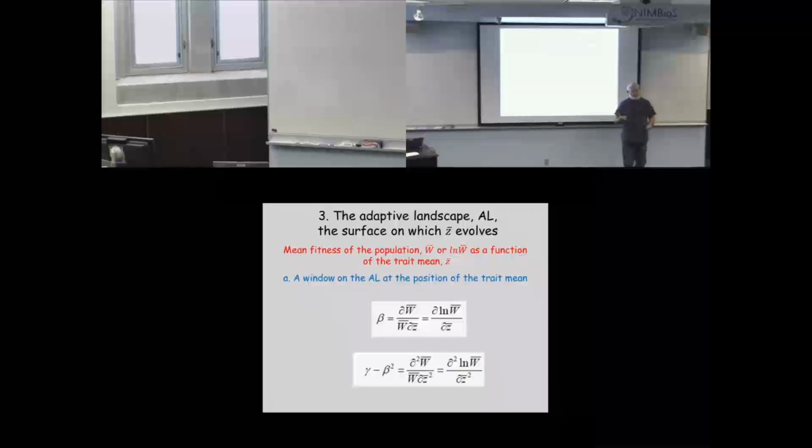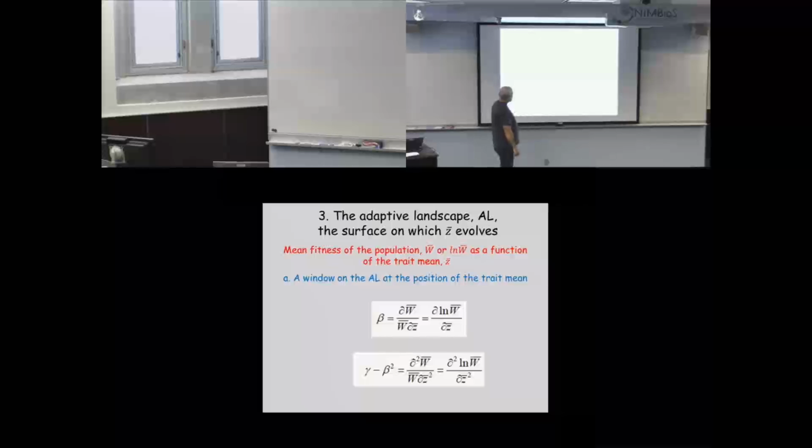What's the relationship of gamma? It would be nice if that were true, right? If gamma was the second derivative of the adaptive landscape evaluated at the trait mean. But it turns out you need this little correction term, a correction for directional selection.